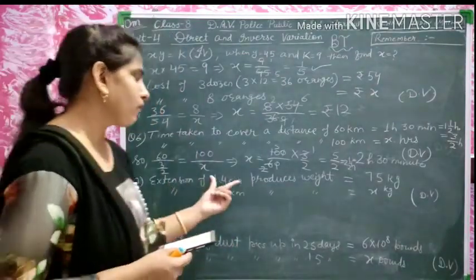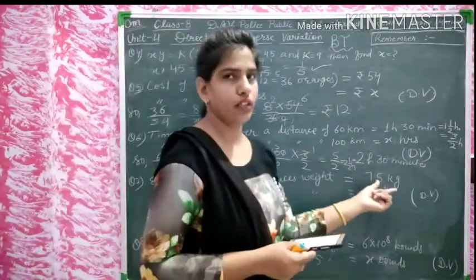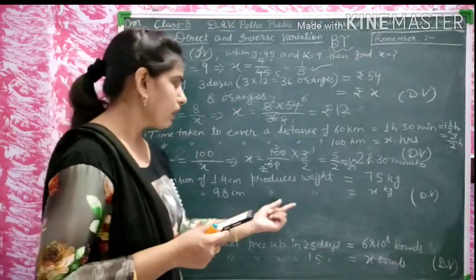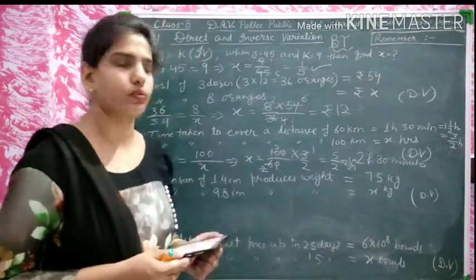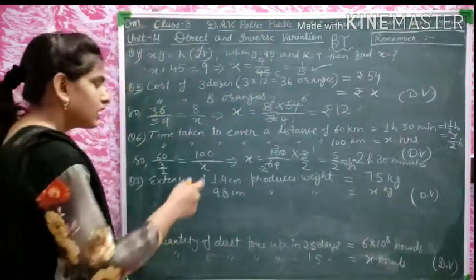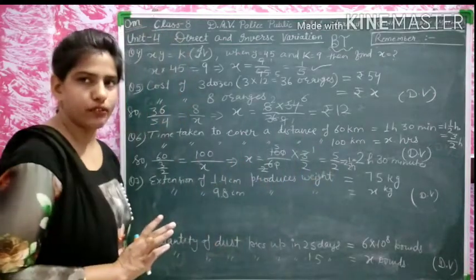So an extension of 1.4 centimeter produces a weight of 75 kg, and for the extension of 9.8 we have to find how much weight is produced, that is x kilogram. For 1.4 centimeter extension, weight is 75.